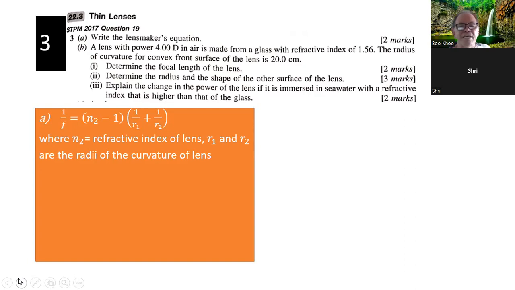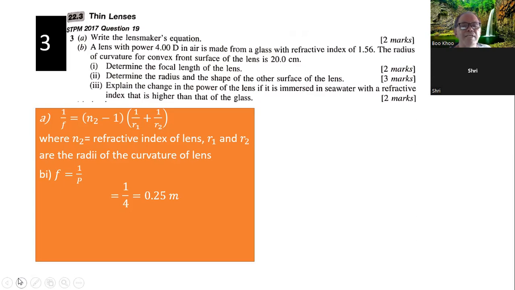Then determine the radius and shape of the other surface of the lens. Determine the focal length. You can take it from the power. It's 1 over 4, so you will get 0.25. All right, remember this is in meter.